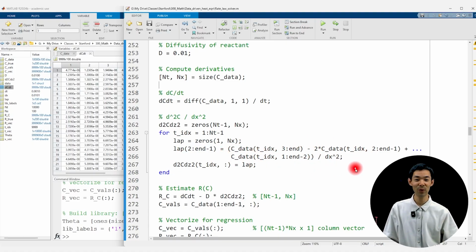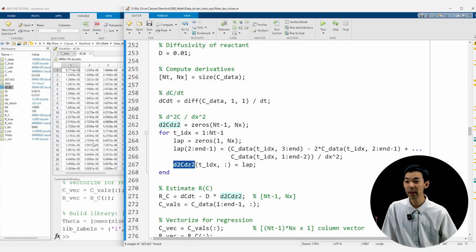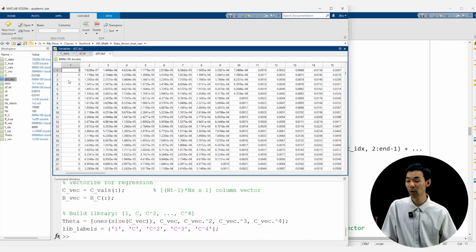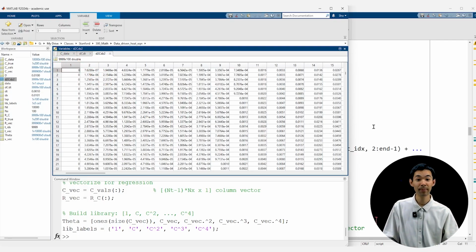This is the formula for central differencing in position divided by the discretization dx squared. So this is the definition of the second derivative in position. And I'm going to store that into a gigantic matrix, which I've called this variable right here. And just to show you what that looks like, that is right here. So also a gigantic matrix, 9,999 by 100.